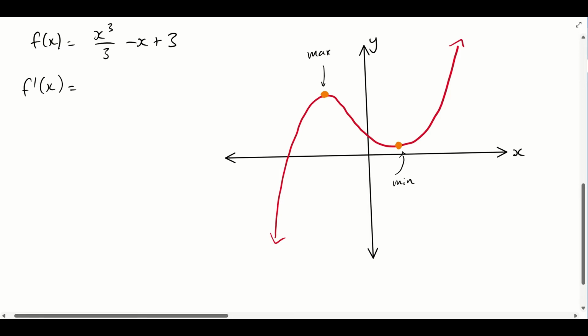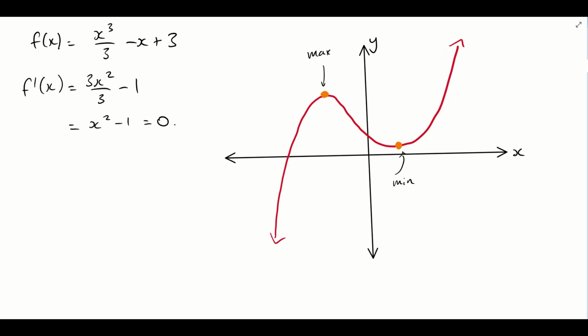Well, that is equal to 3x squared on top of 3, take away 1, and we can simplify that down to x squared minus 1. And we want to know when that is equal to 0, so we're going to solve this part. Well, x squared is equal to 1 if we add 1 to both sides, which means x can be plus or minus 1.